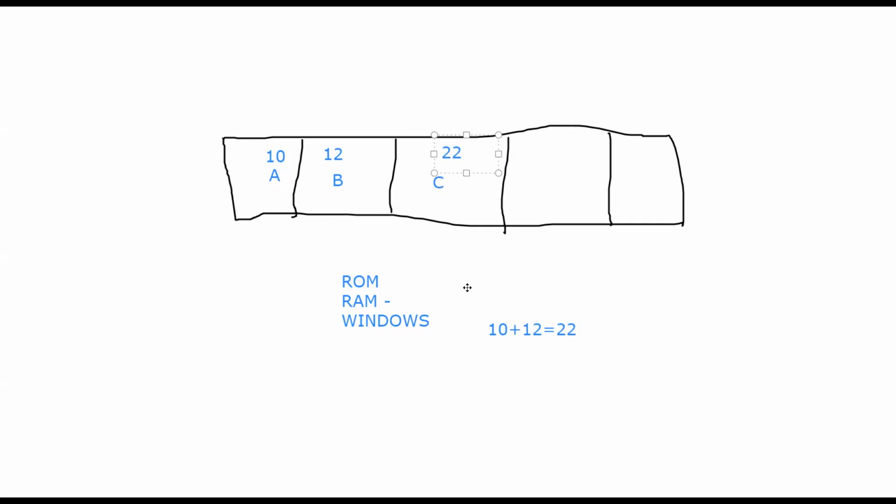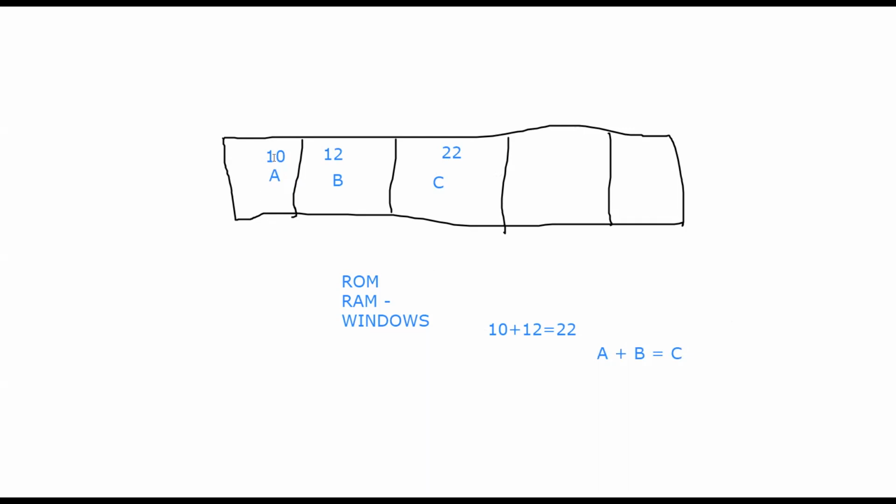But when I'm writing my program, instead of calling my 10, I want to be able to call A, so that whatever is stored in A will be given out to me whenever I call A. So instead of saying 10 plus 12, in my programming I'm going to do A plus B equals C. Because what A plus B equals C is going to do for me is go and look for the content that is stored in A. Remember, I said the content.